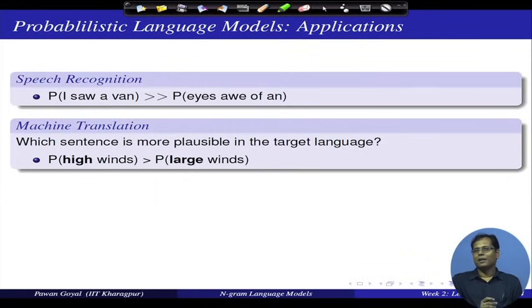For example, I have a Hindi utterance, tej hawaayein, and I want to translate that into English. Hawaayein will be winds. Now for tej, it might happen that both translations, high and large, are possible in English. Among those, which one should I choose? Suppose from my corpus I can find the knowledge that high winds occur with more probability than large winds. Then I would say that high is a more probable translation than large.